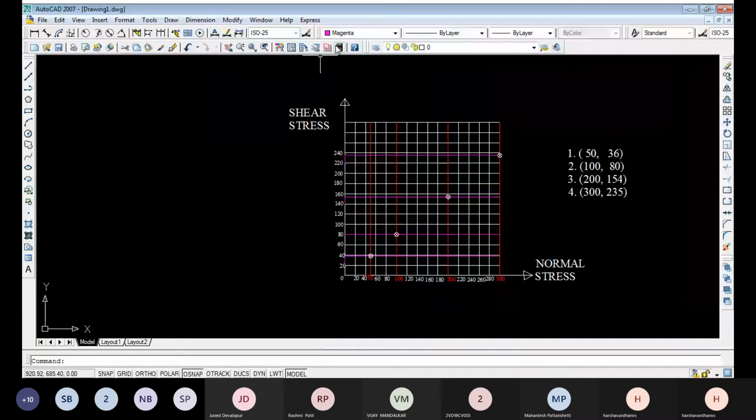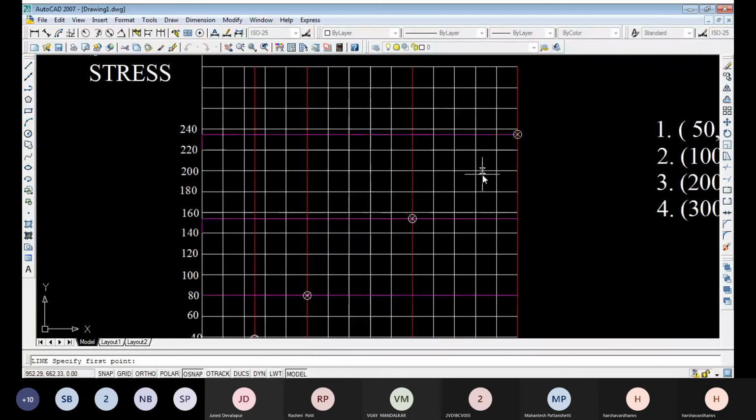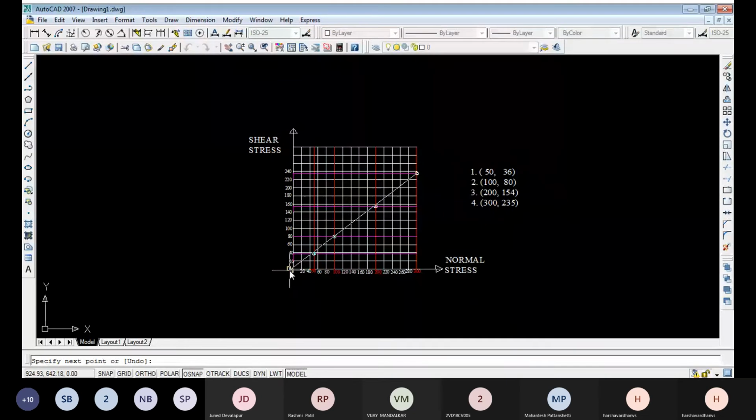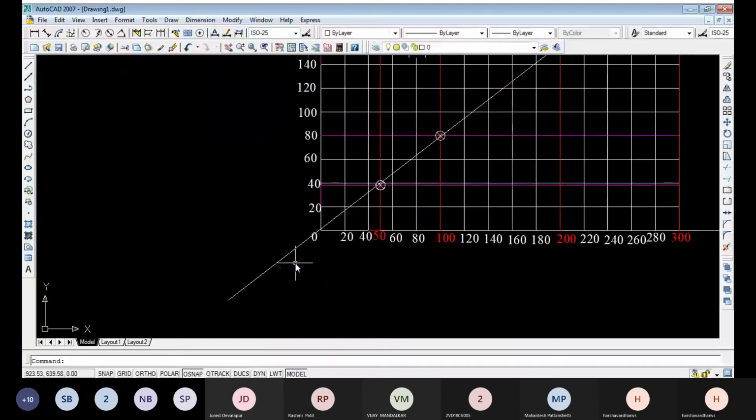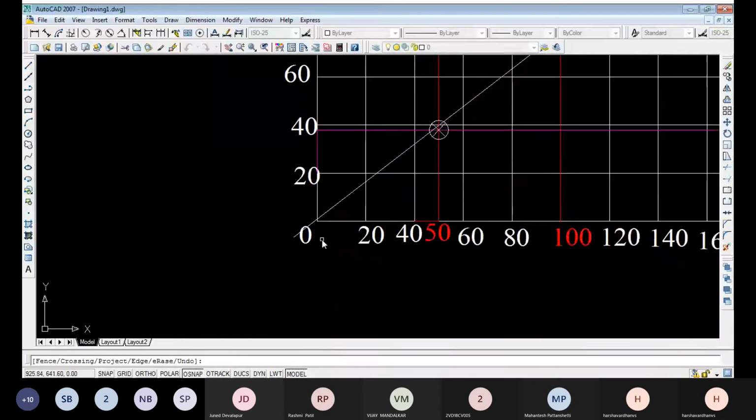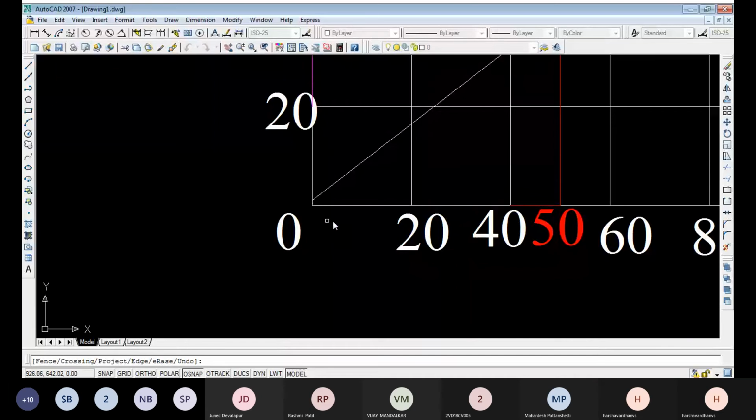Now I'll take a line. I'll draw the best fit line. So this is the best fit line.